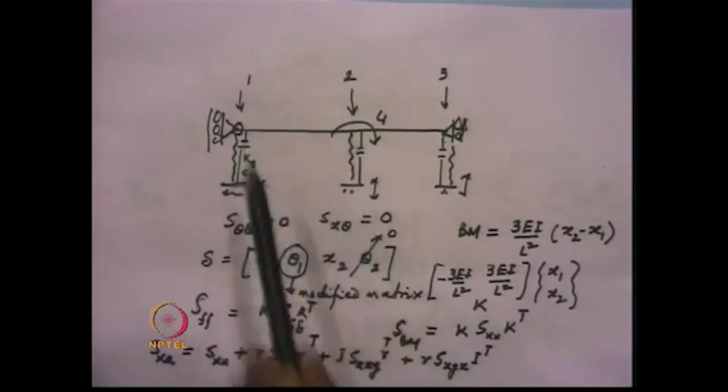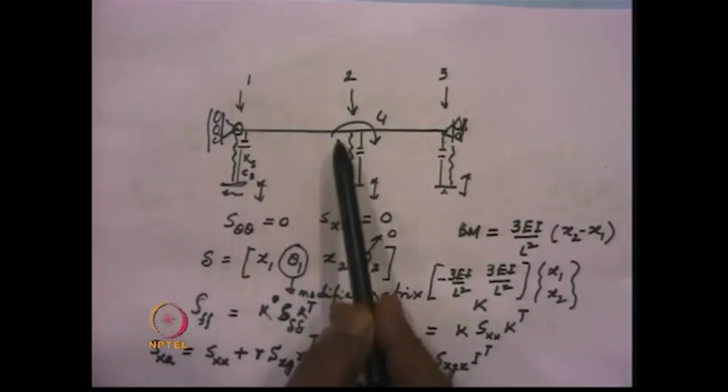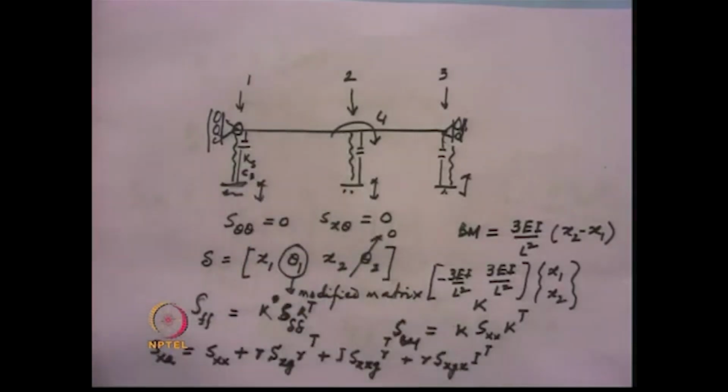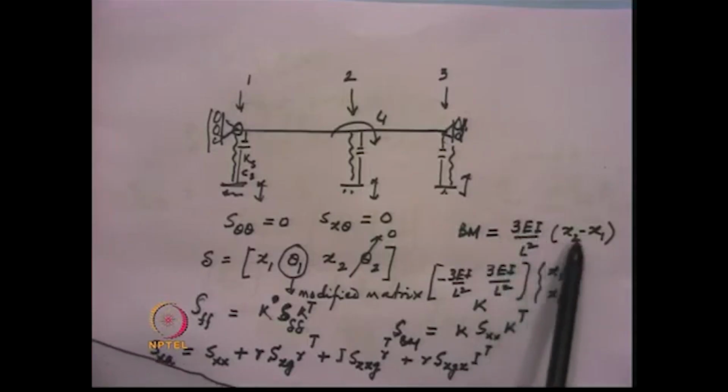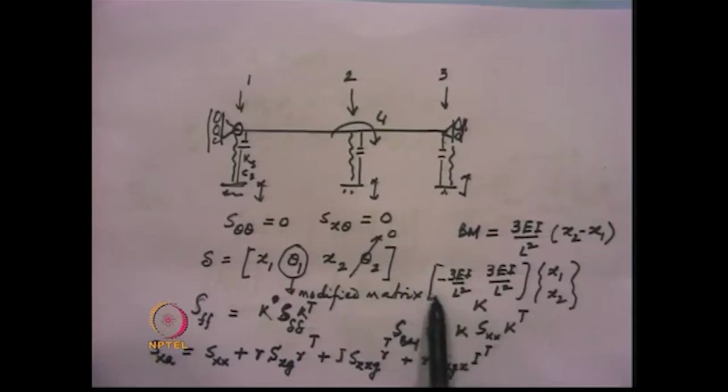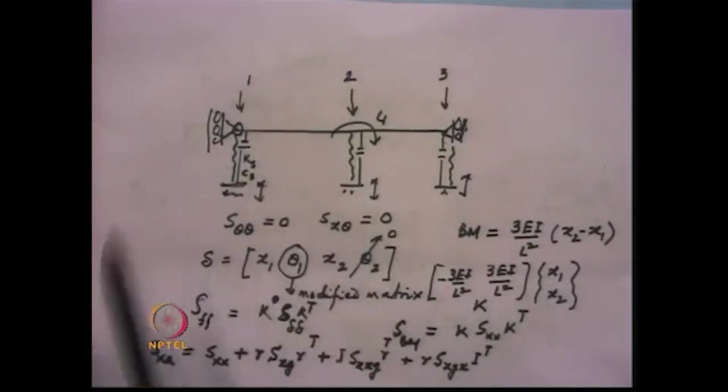If we know these 2 displacements only, one can find out the bending moment at this point, and that bending moment can be written simply by this equation: 3 EI by L square into (x2 minus x1). In matrix form, this becomes [minus 3 EI by L square, 3 EI by L square] into [x1, x2], where x1 and x2 are the displacements at these 2 points.